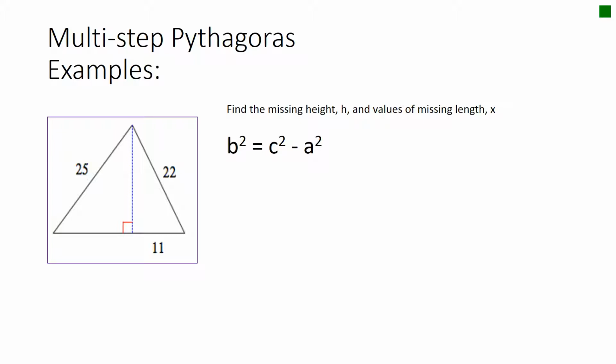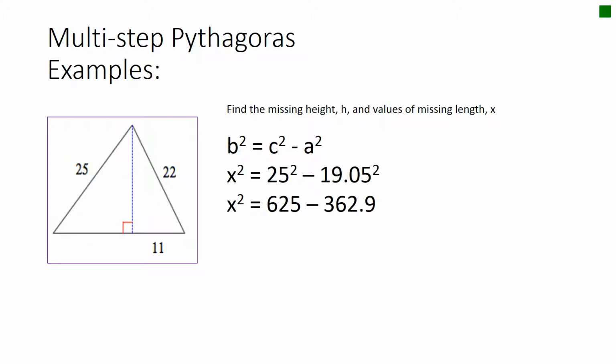Okay, so this question also asks us to find the missing length x. So this is the length here they're talking about. We don't know what that is, but we did just solve this length is 19.1, we'll say, or 19.05. And so again, we can use the b squared equals c squared minus a squared. So you should identify that opposite your 90-degree angle here is your hypotenuse, the longest side.